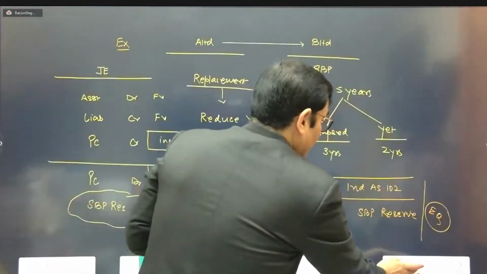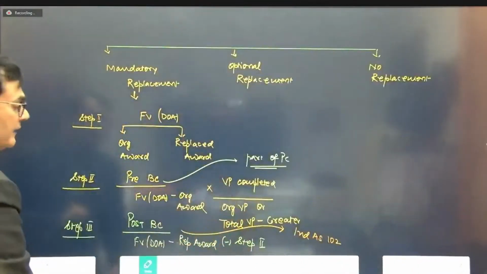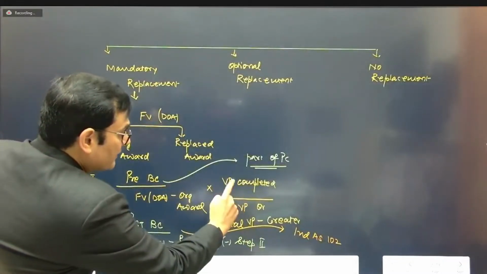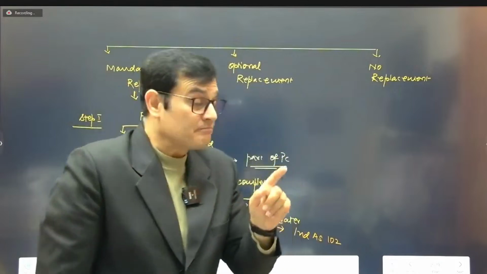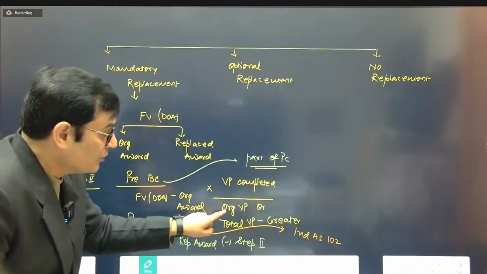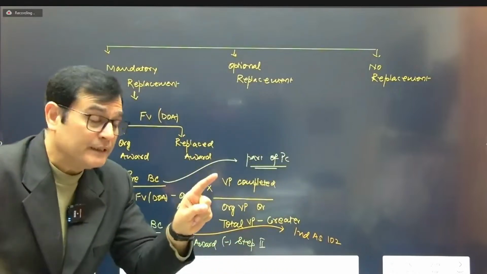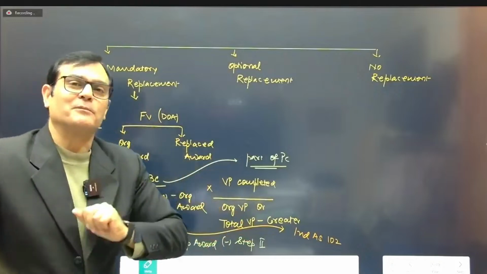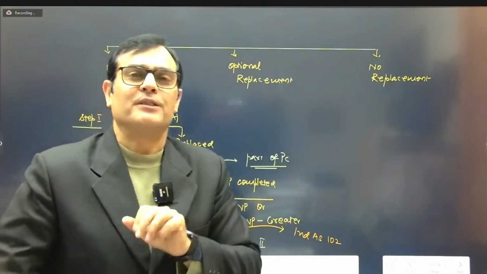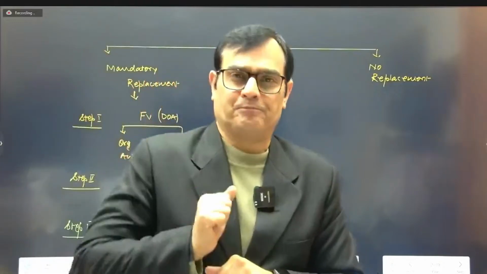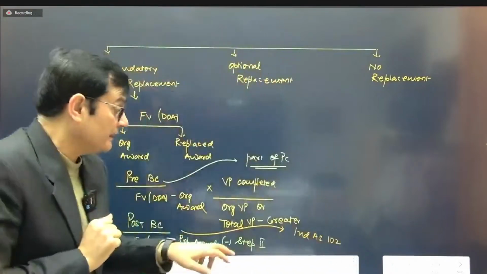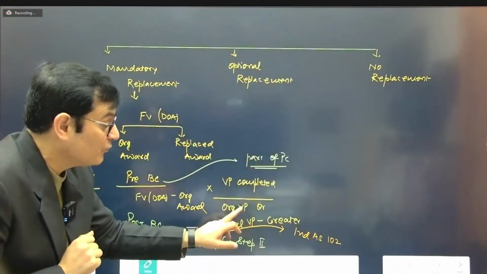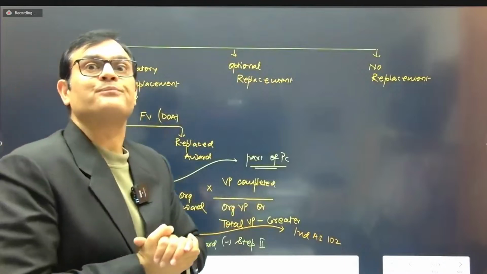But what have we done in this particular case? We have taken the vesting period completed, which is 3 years in my example. And we are considering the original vesting period, or the total vesting period. The original is 5 in the example, and the total vesting period is 3 plus 1, that is 4, whichever is greater.